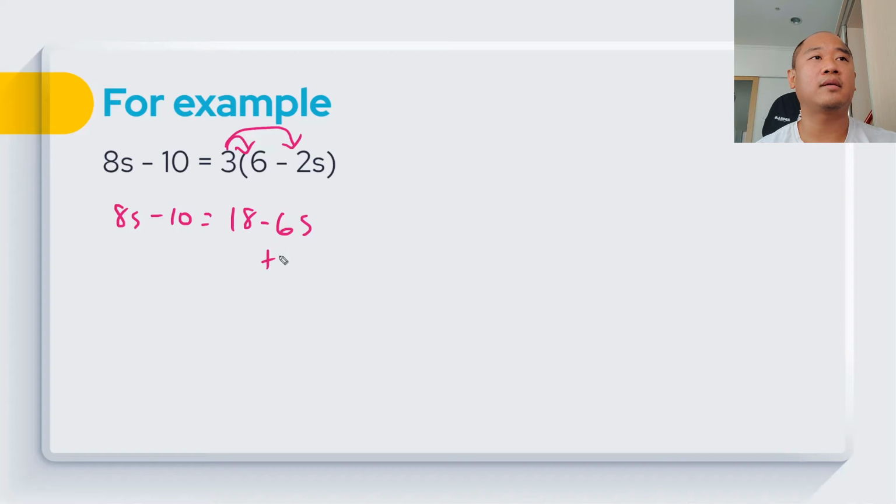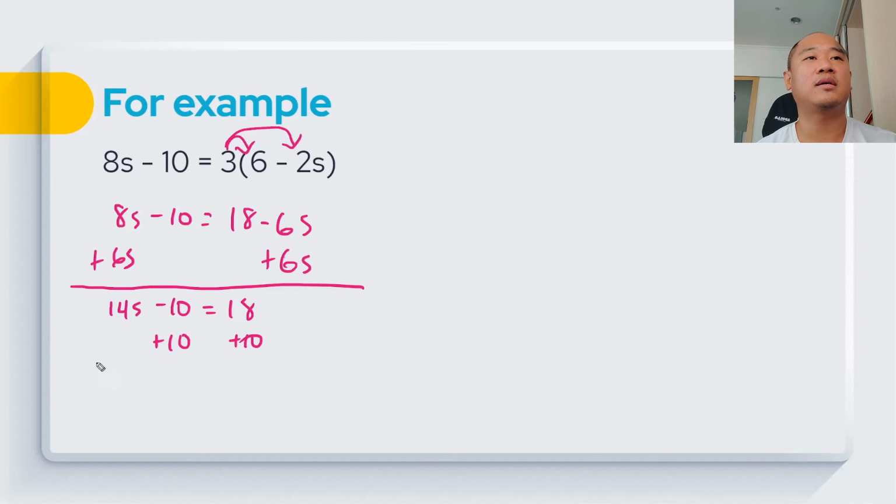And then I always prefer to add because I think adding is easier. So 14s minus 10 equals 18. Add 10 to both sides. 14s equals 28. Divide by 14.